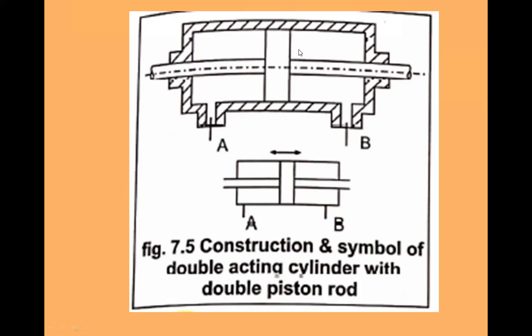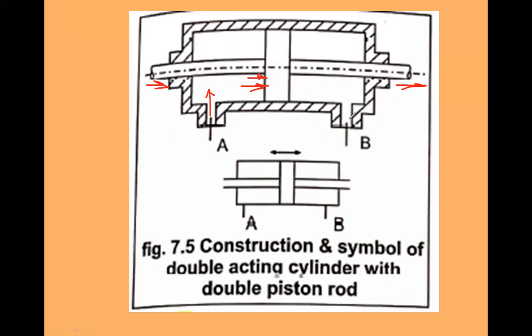I will highlight that portion. When fluid comes inside through port A, the fluid will exert force on this surface of the piston, and the piston rod will move in the forward direction. At the same time, the other end of the piston rod will come inside, in the direction of the arrow I have shown.